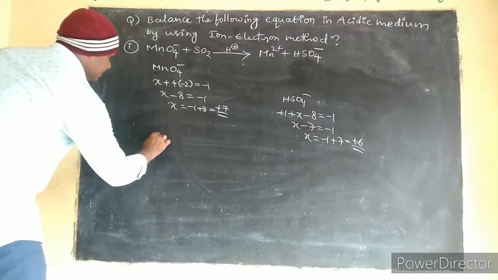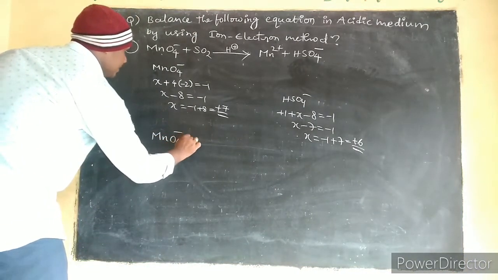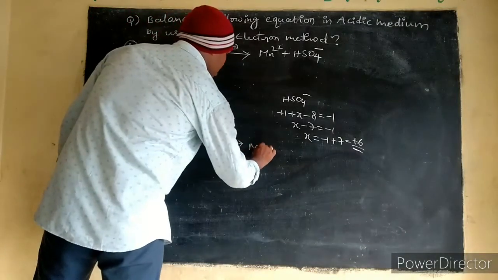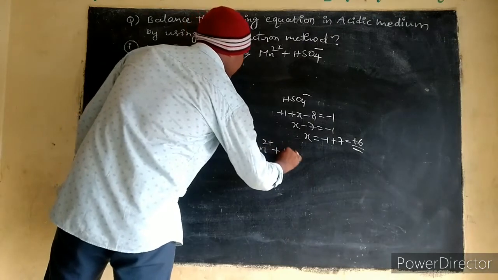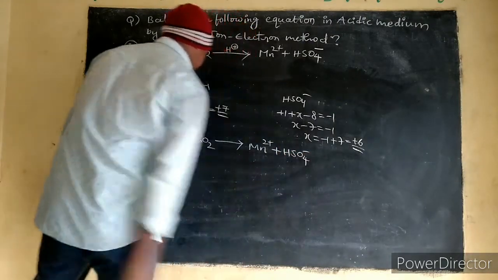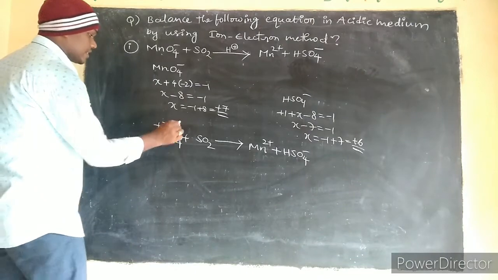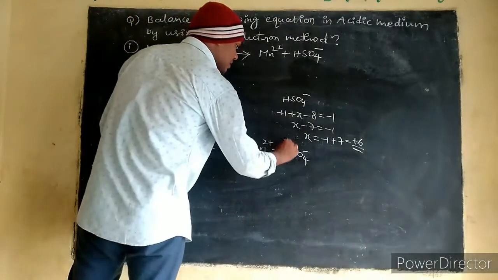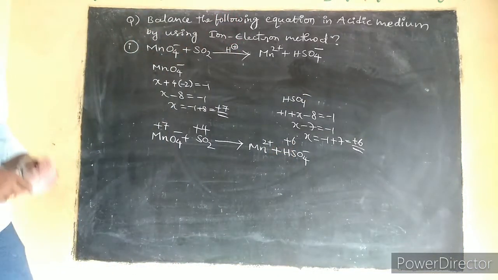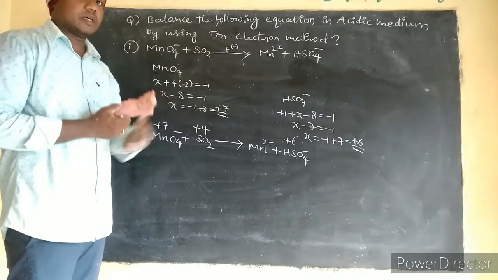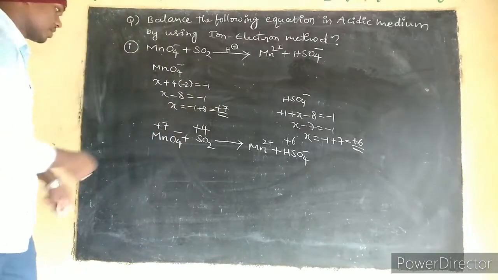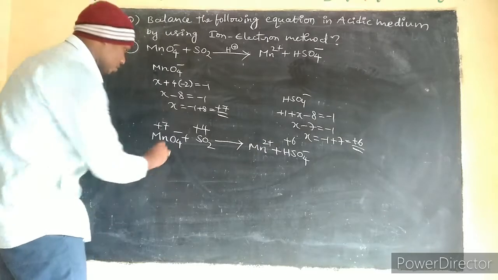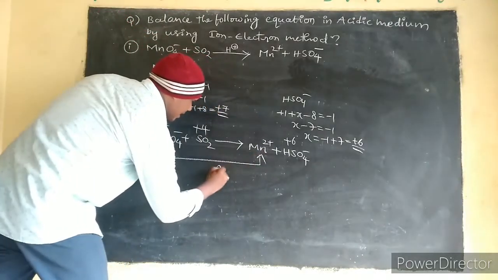Now the reaction is MnO4 minus plus SO2 gives Mn2 plus plus HSO4 minus. Here manganese is plus 7, sulfur plus 4, manganese plus 2, again sulfur plus 6. Already we discussed that oxidation means loss of electrons. So from plus 7 to plus 2 means gain of electrons, so here reduction takes place.